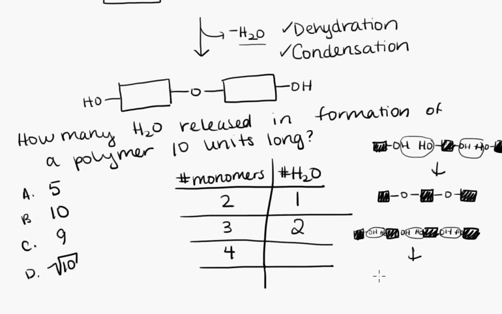So this polymer would release, when there's 4, it would release 3 waters. So I hope that you can see the pattern now, and you get the correct answer based on a polymer 10 units long. And if push comes to shove, you go ahead and make your table and draw it out again. Other than that, this should be pretty easy for you on the quiz.